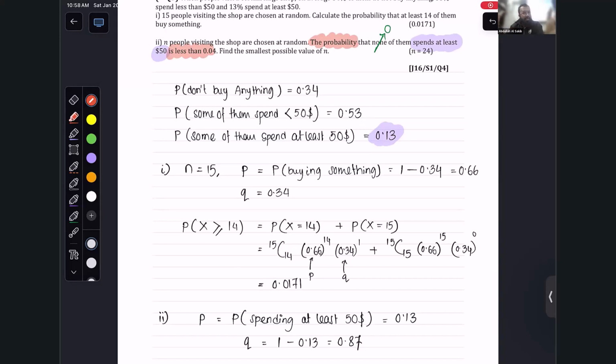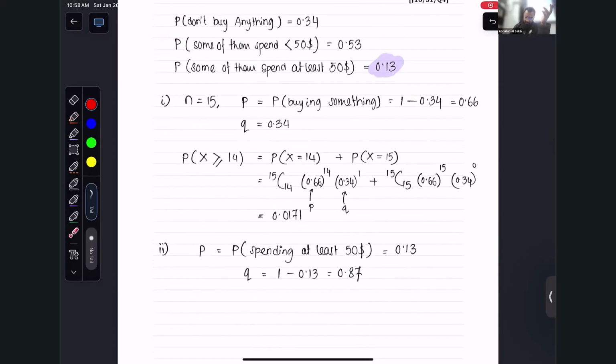Do you understand? You are asking me about the 0.01. What is 0.04? You got confused with this thing. Like, if it is 0.87, if it is 0.13, what is 0.04? So the probability is less than 0.04. Clear?